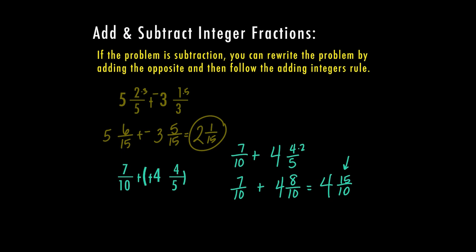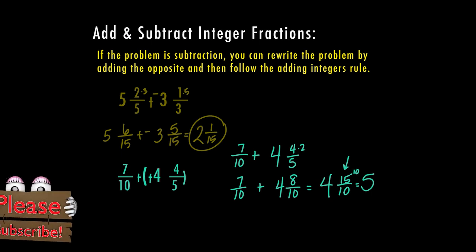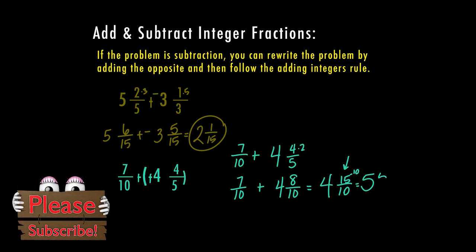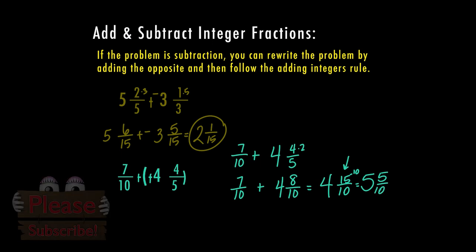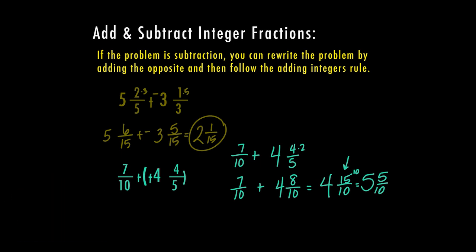So I'm going to add that 1 plus 4 to become 5. And then I'm going to still subtract here. 15 minus 10, I have 5 out of 10 left. Now I can keep going and I can reduce this. 5 out of 10 is 1/2. So my answer is now 5 1/2.